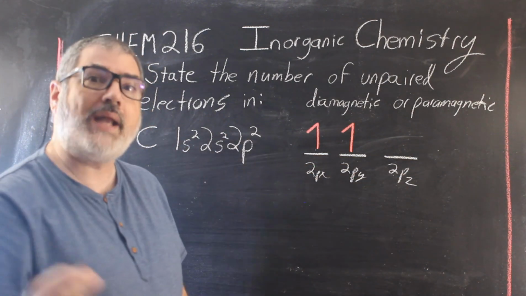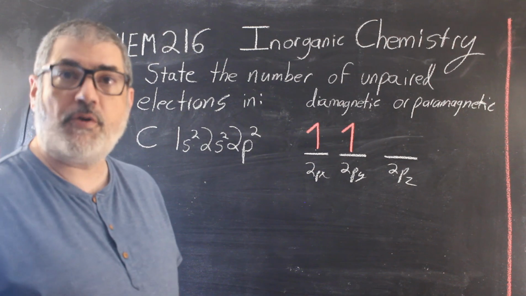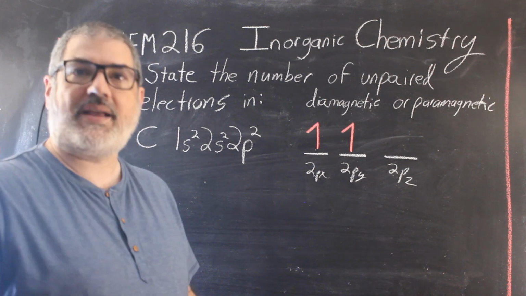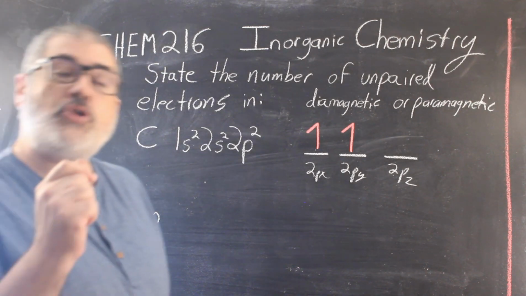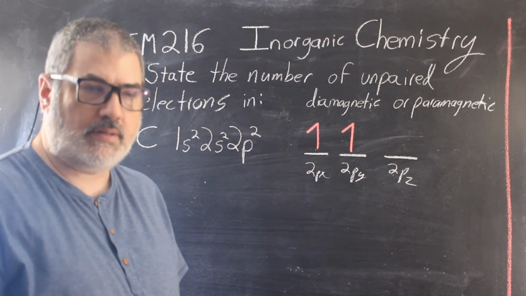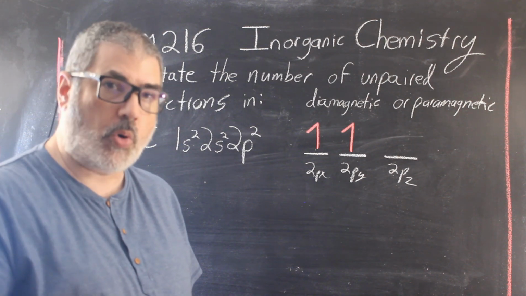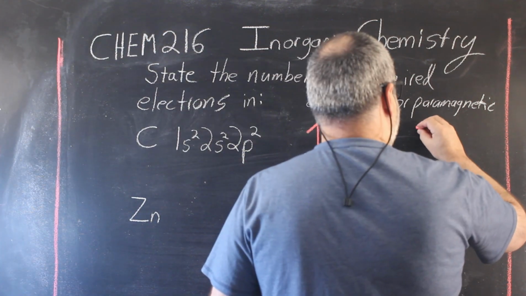So instead, what is observed is that each electron goes into a different orbital and it maximizes spin. Therefore, carbon has two unpaired electrons. By definition, if you have one or more unpaired electrons, then you're paramagnetic. So this is paramagnetic.